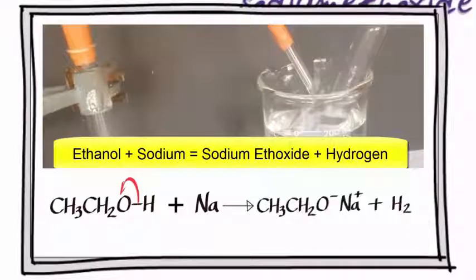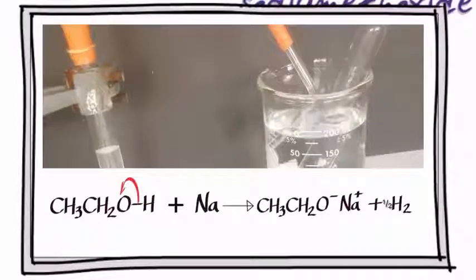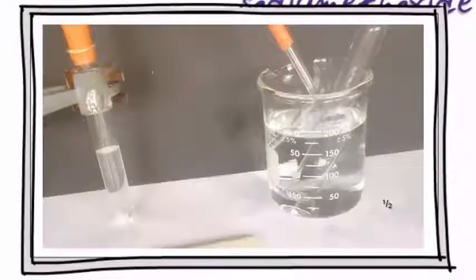And to balance the equation there, half a mole of hydrogen gas is produced. So we get a salt, sodium ethoxide, and it'll be dissolved in the ethanol that has not reacted. I have speeded the video up here.